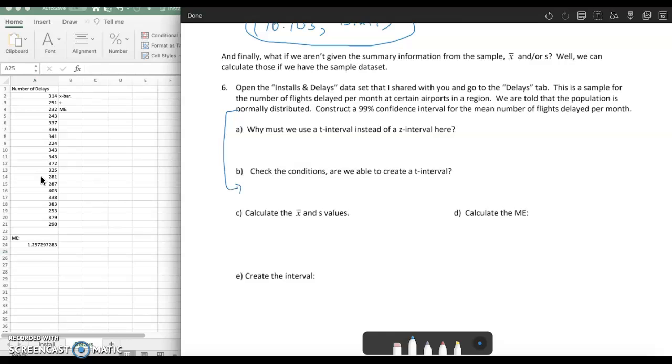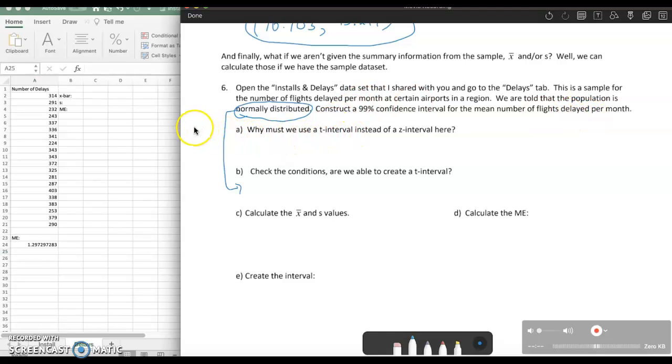That checks our conditions. I'm just going to say that checks it here, and it's good that we know that because look, the sample size is not 30 or more, it's only 20, but we check off our condition anyway. And we want to find a 99% confidence interval for the mean number of flights delayed per month.